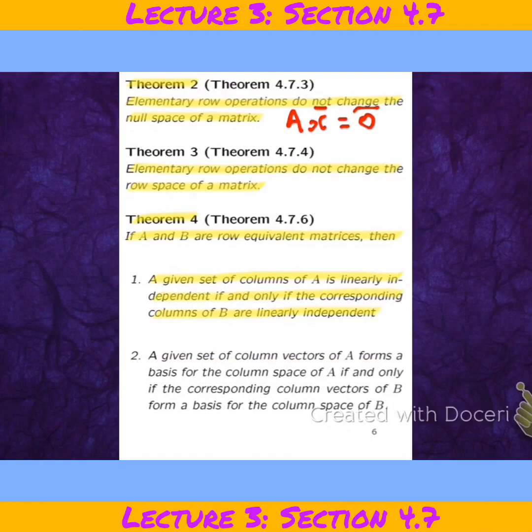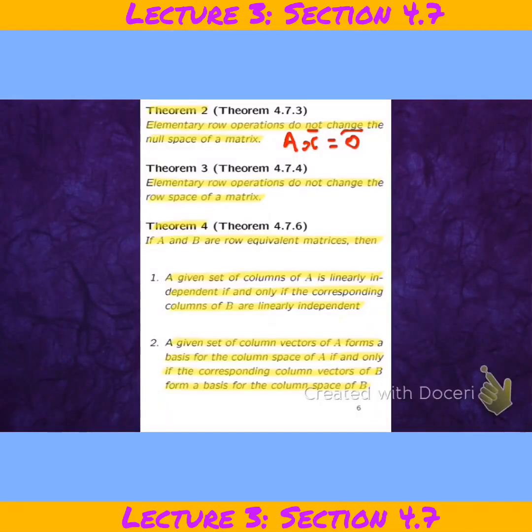And number two, given a set of column vectors of A, they form a basis of the column space of A if and only if the corresponding column vectors of B form a basis for the column space of B. Right, so I want to look again at the first point. Why is it that if you have linearly independent columns in A, those same corresponding columns in B will also be linearly independent, and vice versa?